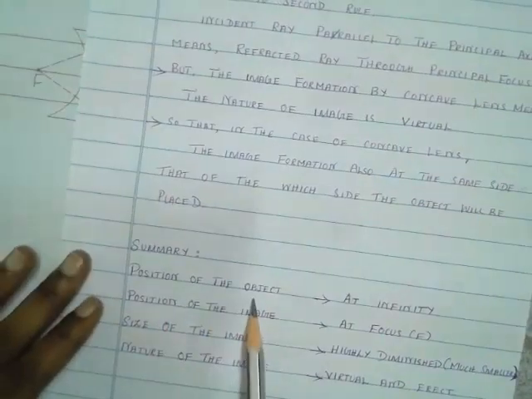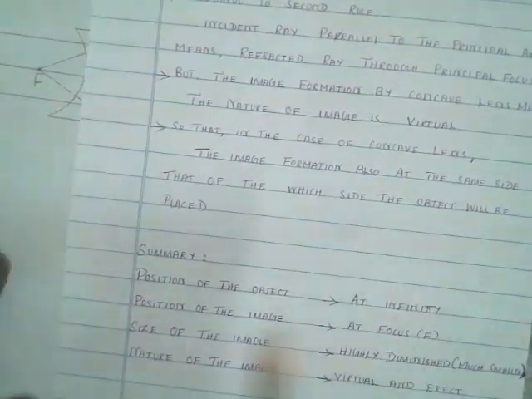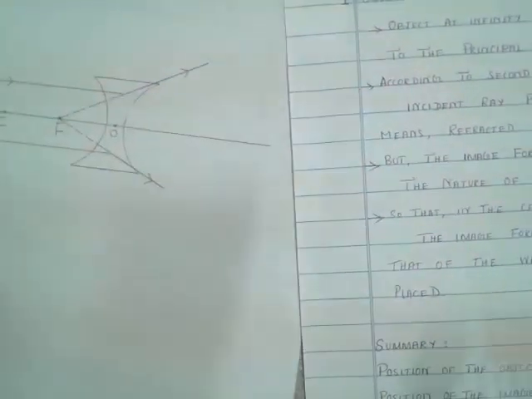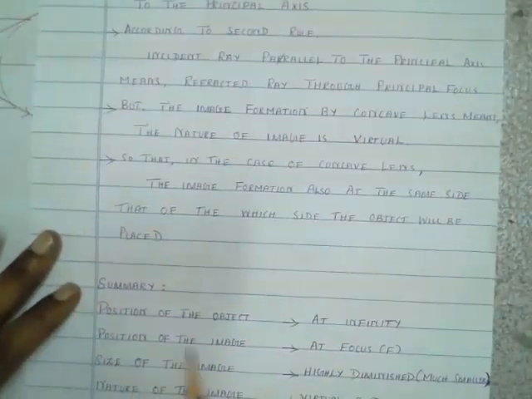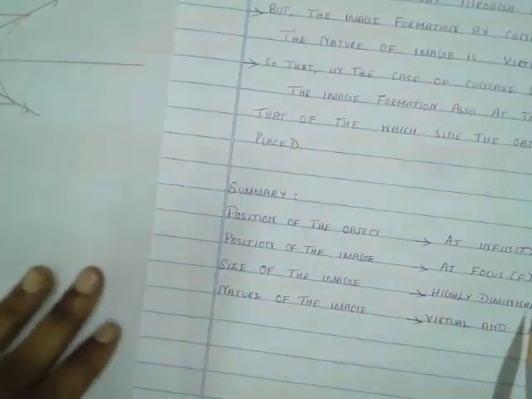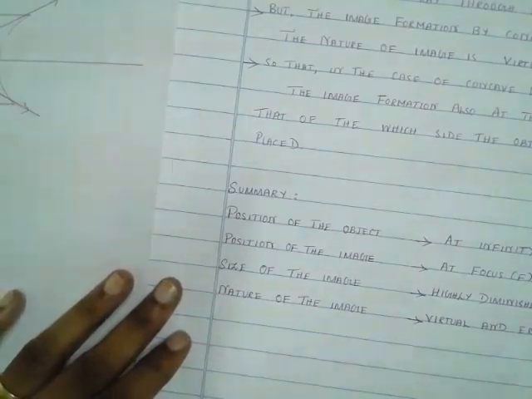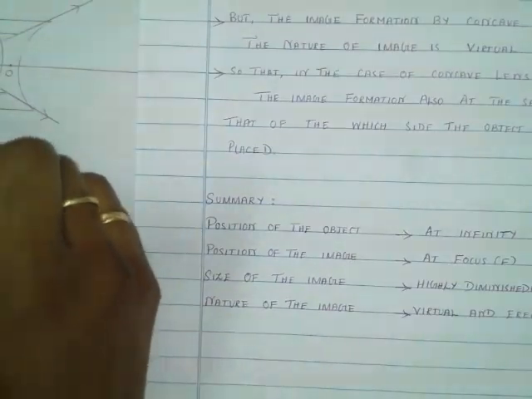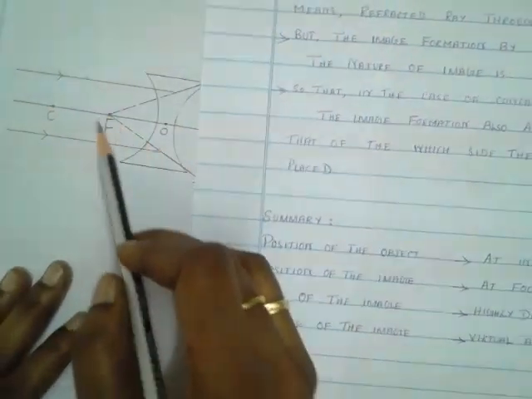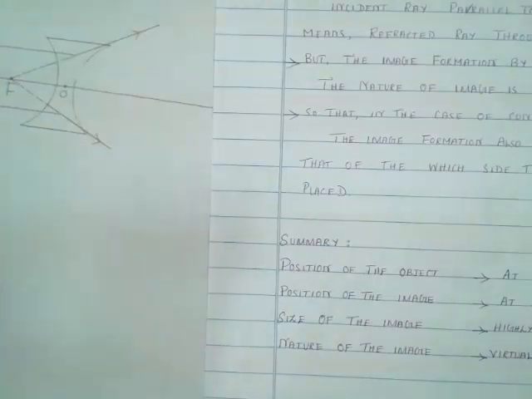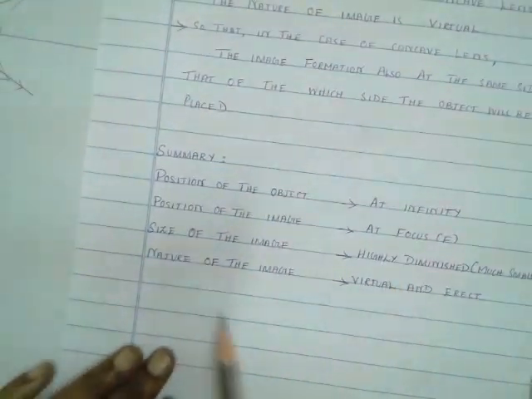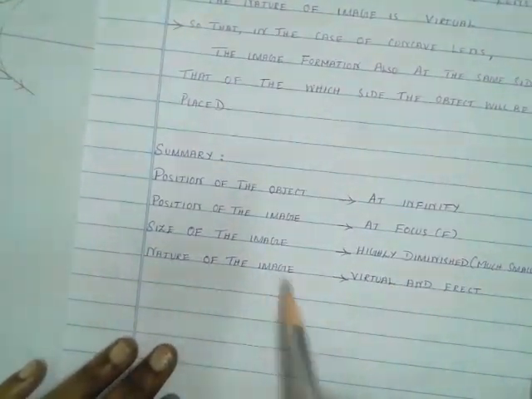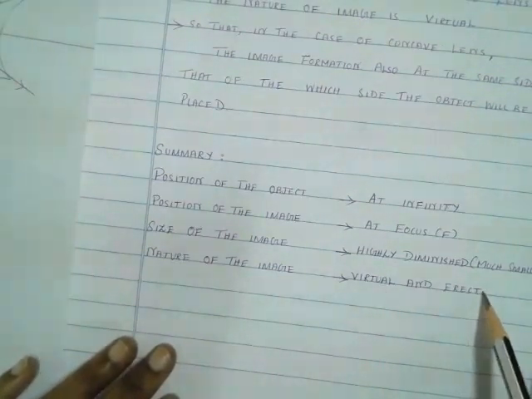The position of the object at infinity, so the position of the image is at F. The size of the image is highly diminished, that means very much smaller when compared to the size of the object. And already we know that the nature of the image is virtual and erect.